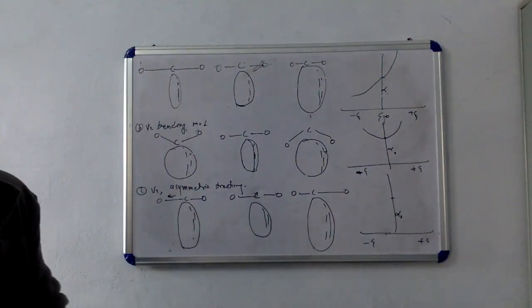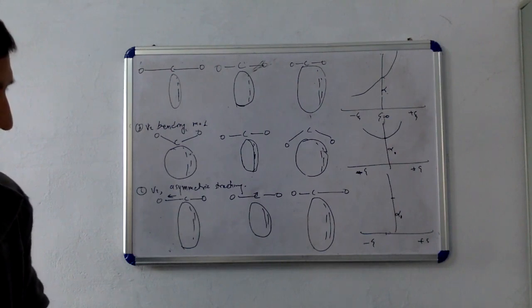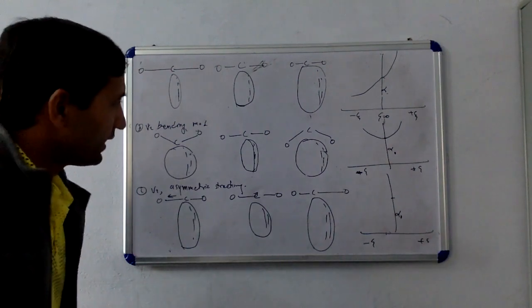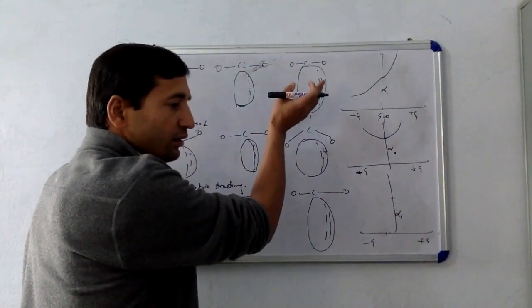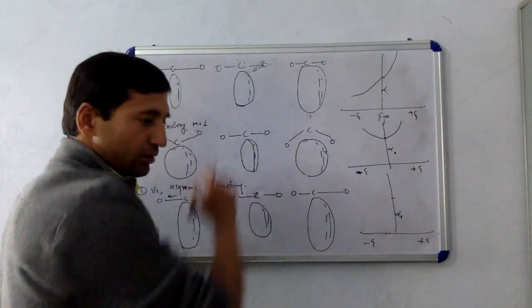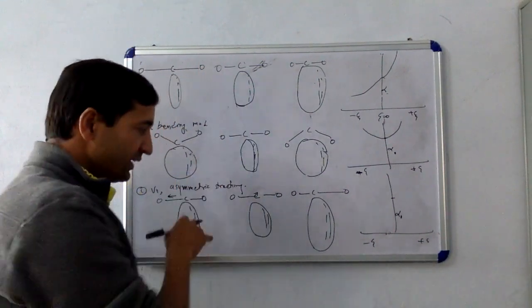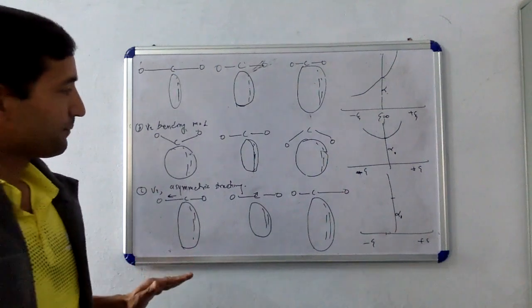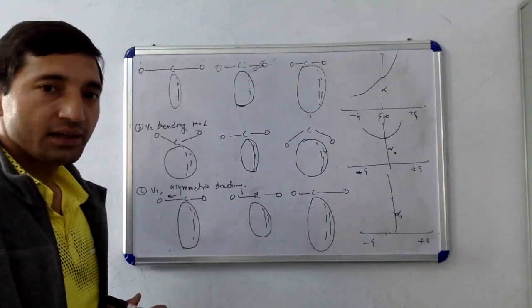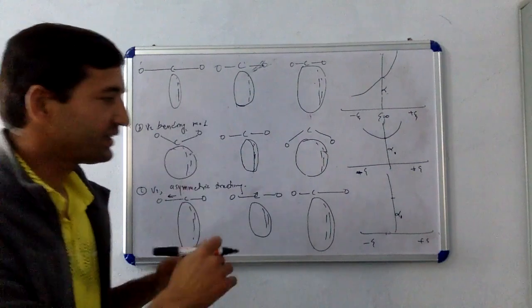In the case of the bending mode, the polarity increases equally for the upward motion or the downward motion. But here, the polarity is decreasing with respect to xi in the negative direction.